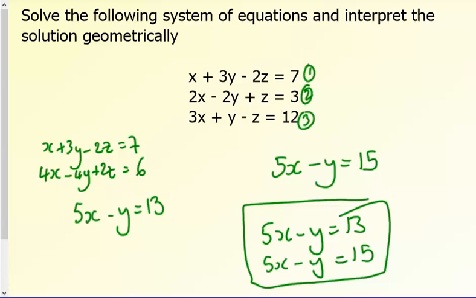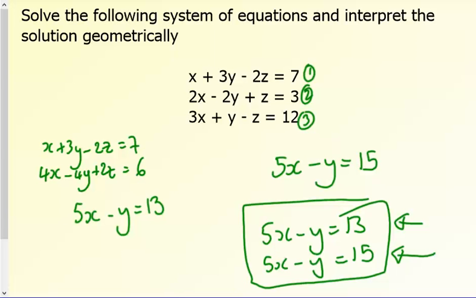So hopefully you got stuck at that point, because if you're trying to solve these simultaneous equations, and the first one is telling us that 5 lots of x minus y is equal to 13, then how on earth can 5 lots of x minus y be equal to 15 as well? It can't. If we were thinking about simultaneous equations with two unknowns and straight lines in 2 dimensions, what we'd have on the graph would be two lines that are parallel to one another.